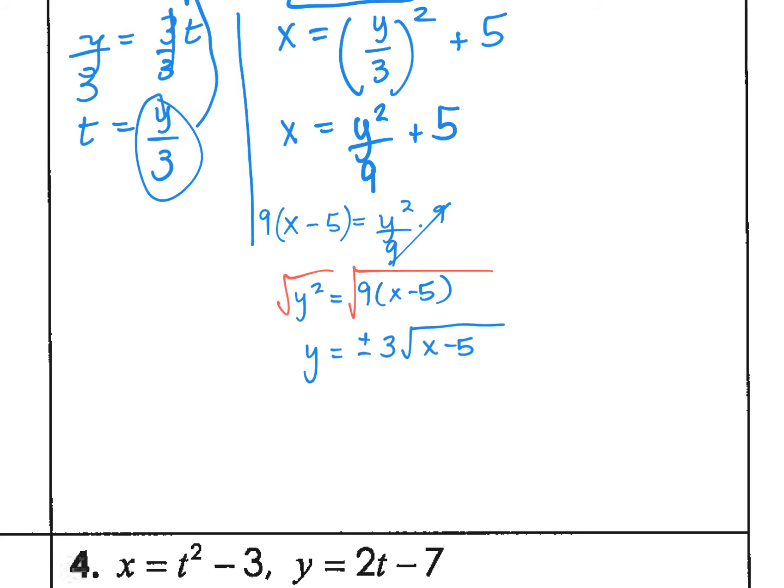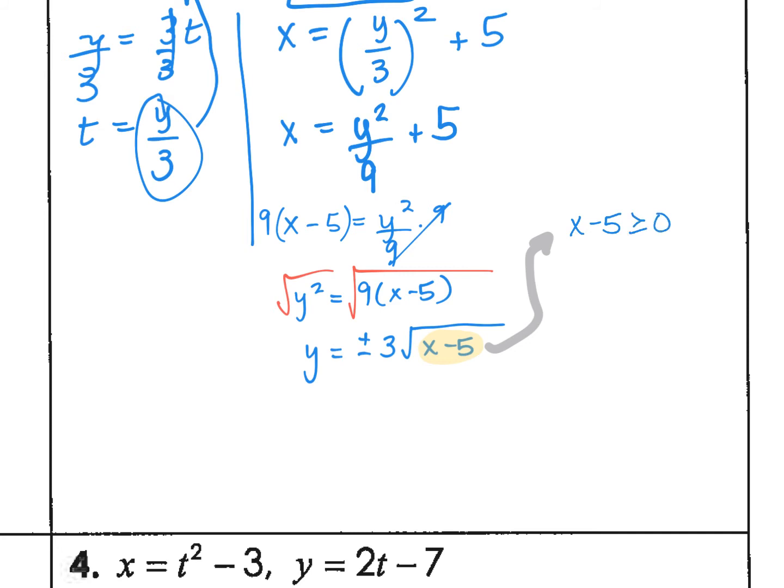Are there any restrictions in the domain? This goes right back to the very beginning of this class. How do I know I have restrictions in the domain? This is up underneath the square root, isn't it? Bringing stuff back, isn't it? So we need to restrict this to be what? X minus 5 must be what? Greater than or equal to 0.